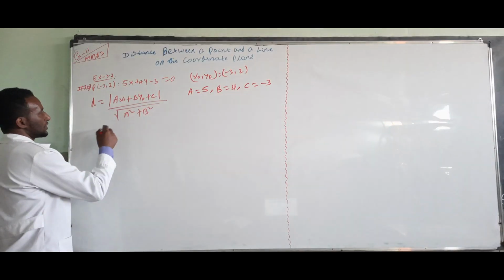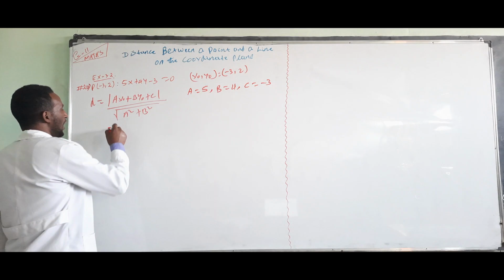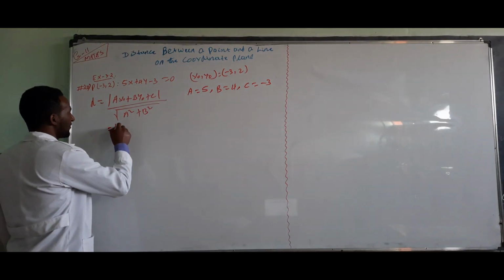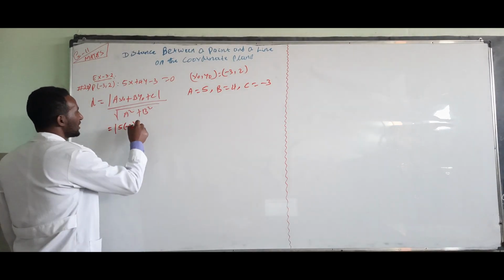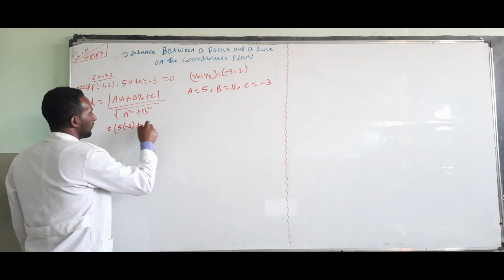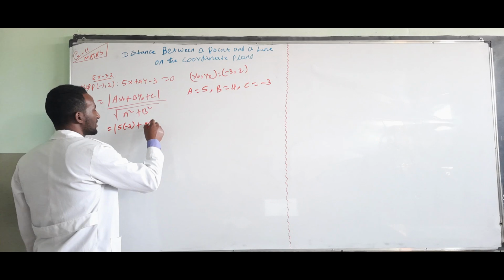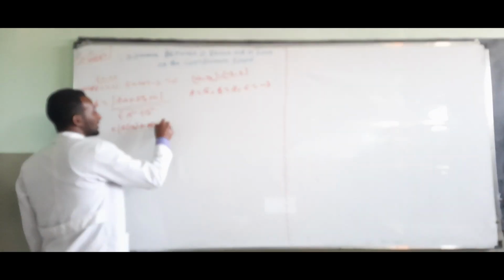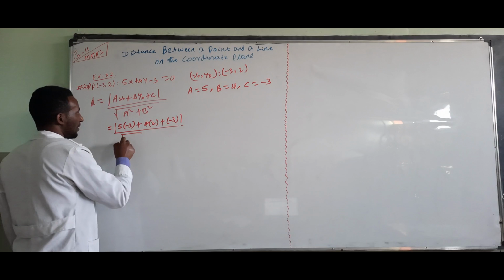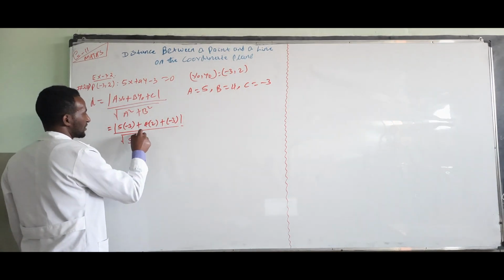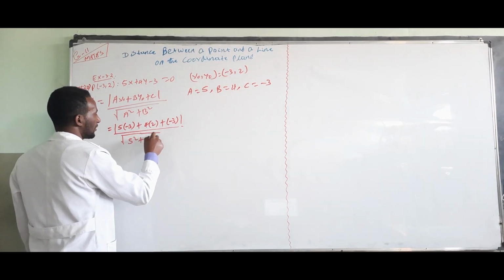Then D is equal to the absolute value of a, which is 5, times x naught, the first coordinate of the point, plus b, which is 4, times y naught, the second coordinate of the given point, plus c, the constant -3, absolute value over the square root of a, 5 square, plus b, 4 square.